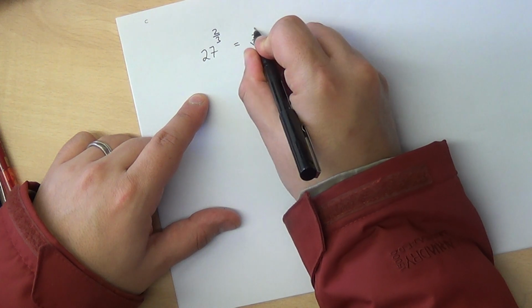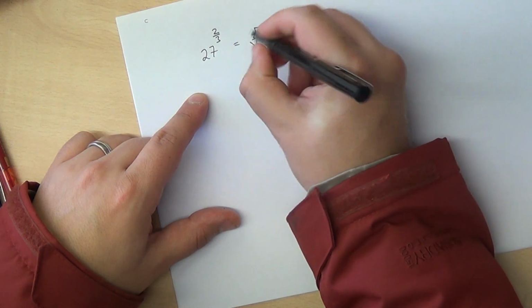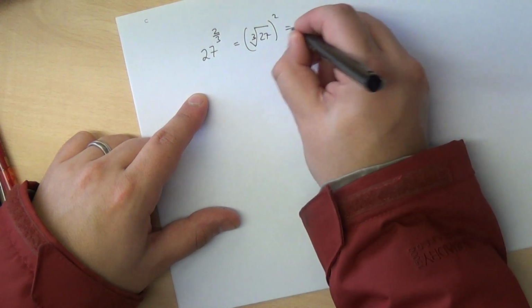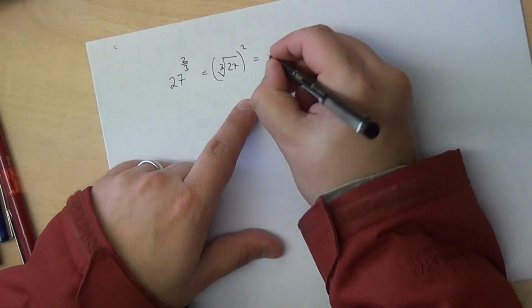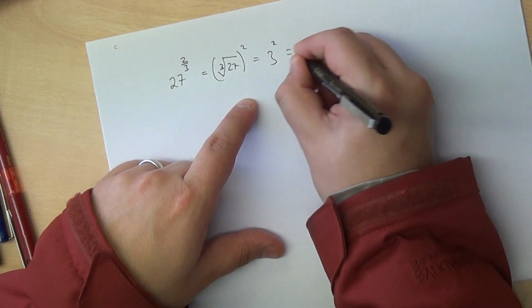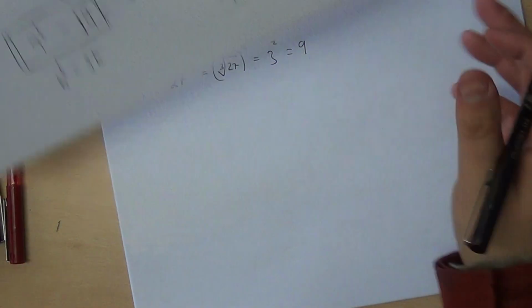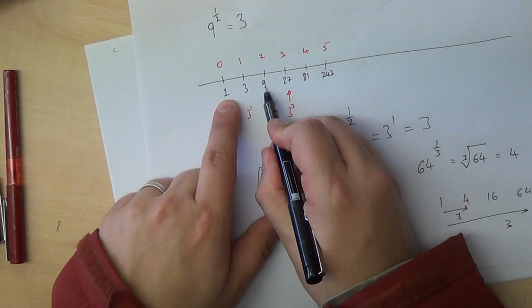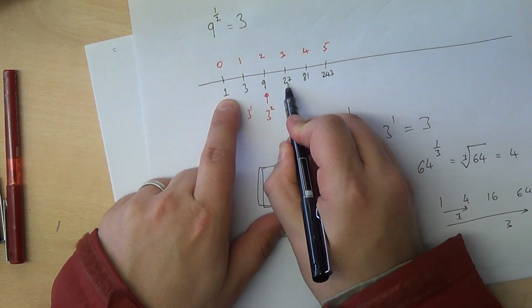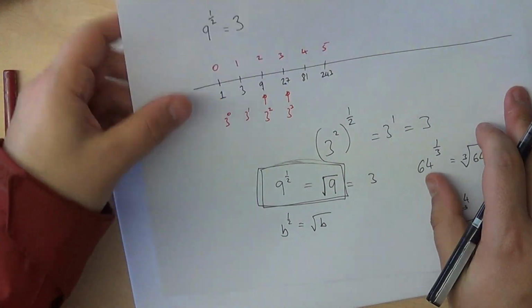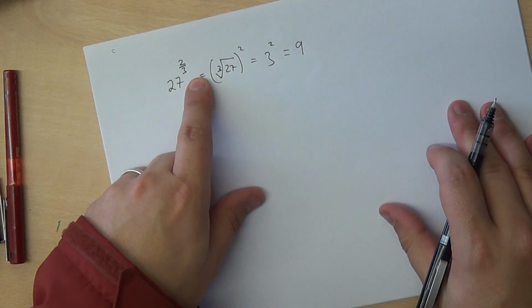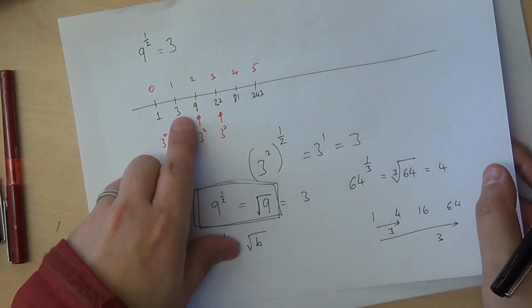So we're going to cube root 27, and we know that 2 means squaring. So the cube root of 27 is 3, and squaring is still there, so we get 9. And if we look back at our number line, 9 is 2/3 of the way to 27 in a multiply kind of way. It's all super consistent. So you can do it purely computationally, or you can have a feel for what's going on.